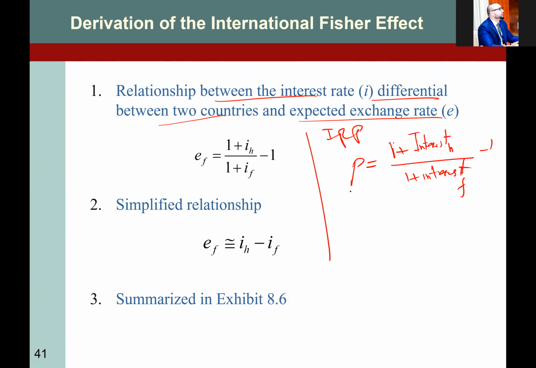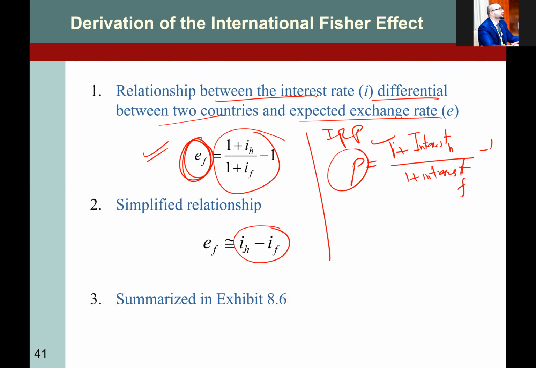According to IFE, we say that the exchange rate of the foreign currency will appreciate or depreciate according to the interest rate differential, or approximately the interest rate in home minus the interest rate in the foreign country. Right? The PPP says that the foreign exchange rate depends on 1 plus inflation in home divided by 1 plus inflation in foreign, minus 1. Right? So the difference is this.